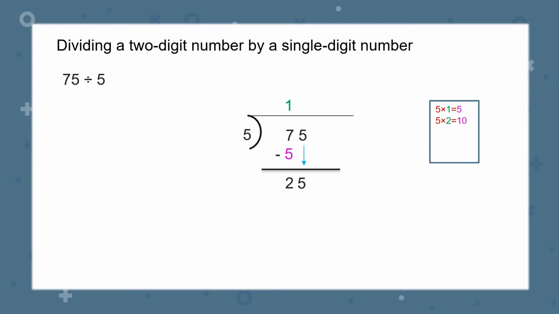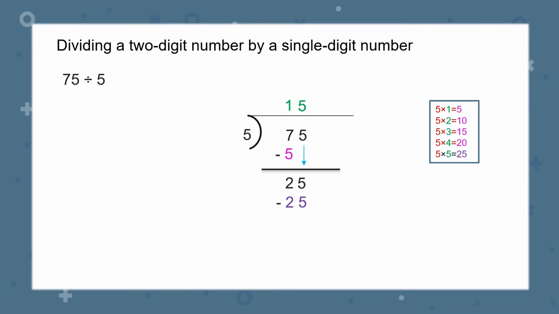Now again we will say the 5 times table till we get the number 25. So after 5 twos are 10, 5 threes are 15, 5 fours are 20, 5 fives are 25. So we will write 5 above the 5 and the answer below 25.